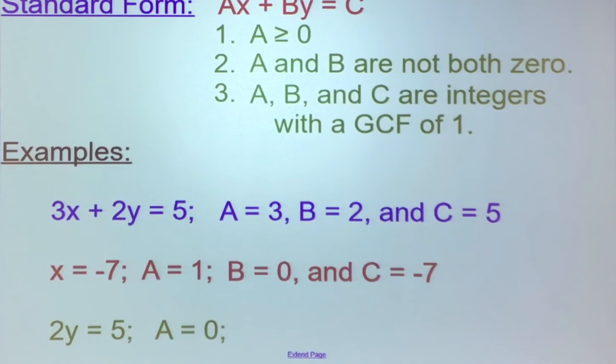It's not going to change it. B happens to be 0 because there is no y term. The only way there can't be a y term is if the coefficient of y was 0, because 0 times y would be 0. And our constant in this one is -7. So even though it doesn't look like it, x is equal to -7 is in standard form.